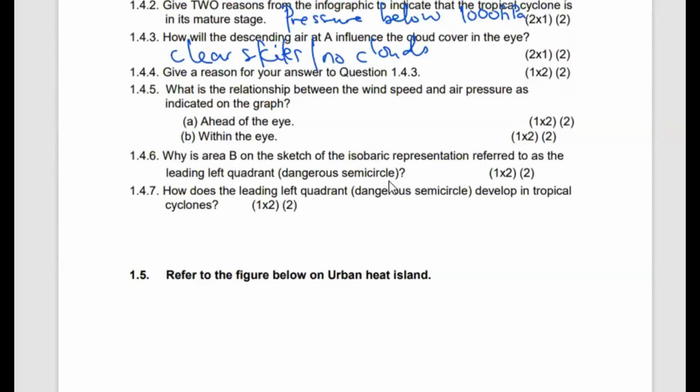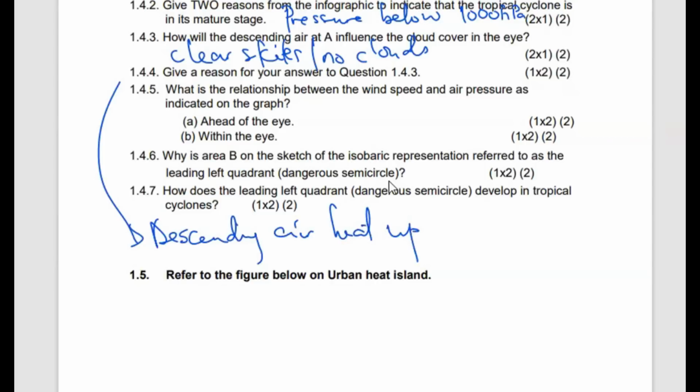Right, the reason here is descending air heats up, resulting in no condensation. That is why we're saying there will be no clouds, because of the descending air.